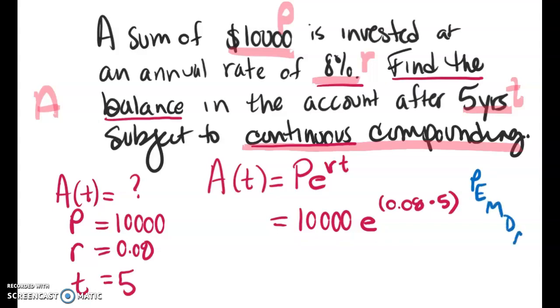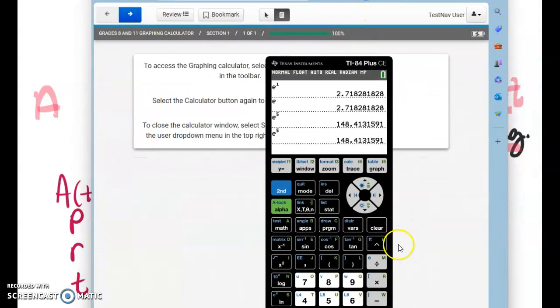Order of operations says you cannot multiply this 10,000 by the e first. You have to take e raised to this power first. Then you would multiply it by the 10,000. So if you are going to do it in 2 parts, make sure you remember the order of operations. Otherwise, just let the calculator do that order of operations for you.